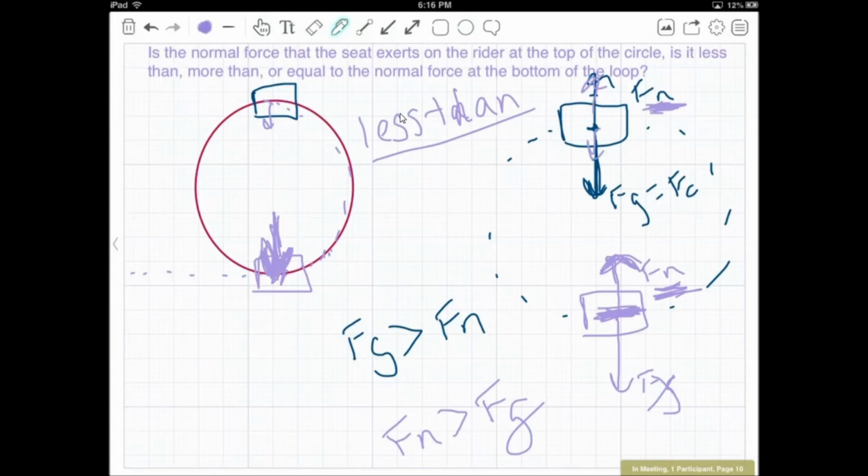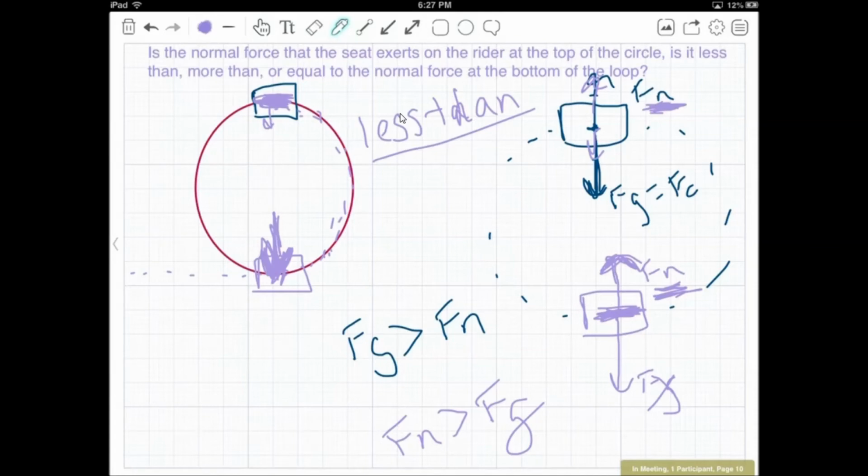And so you start to feel that you're coming out of the seat. If a loop is perfectly set up to where you reach a speed very close to 0 meters per second here, which doesn't exist in real life, but if it was to exist, a velocity of about 0 meters per second at the top, you would feel almost weightless as you went through the top of the loop, right? It's an interesting little bit of trivia.